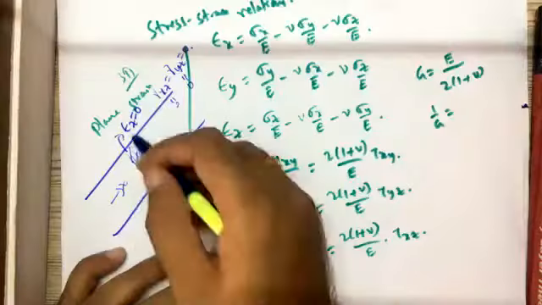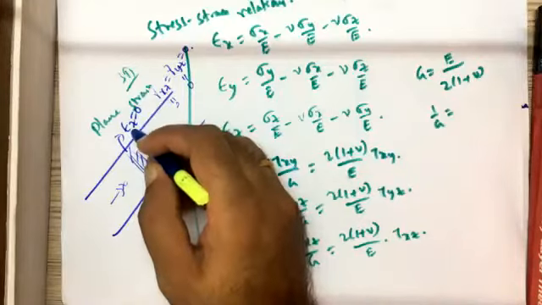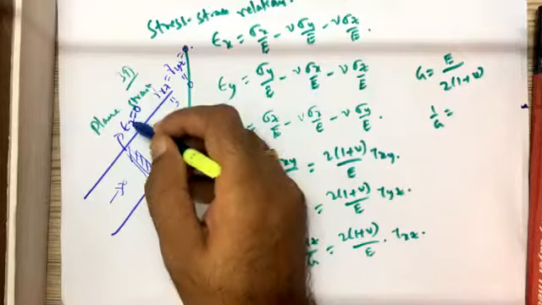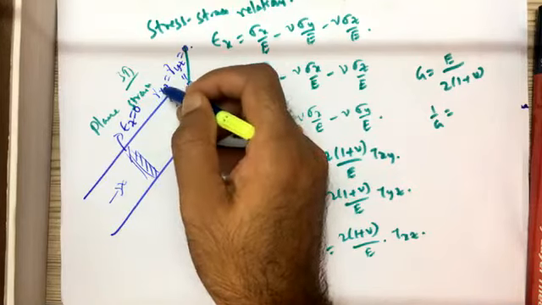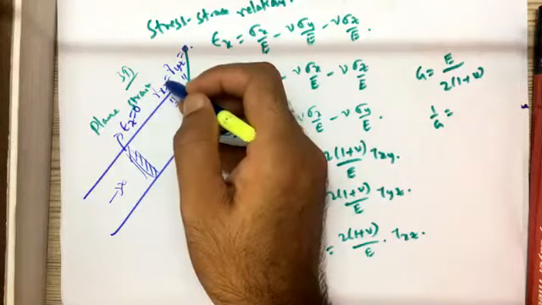Right? In plane strain, epsilon z is 0. So correspondingly, the shear strains in the z direction will also be 0.